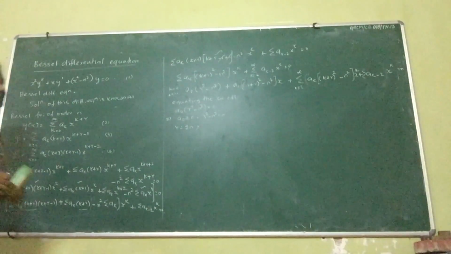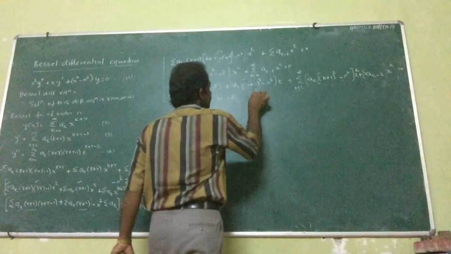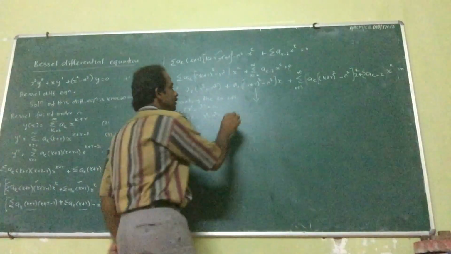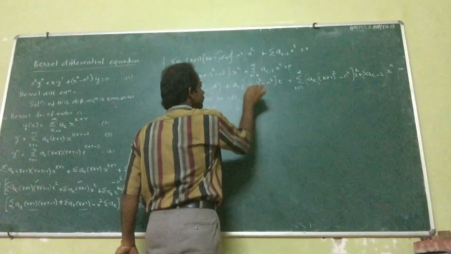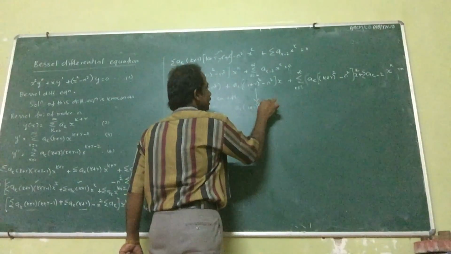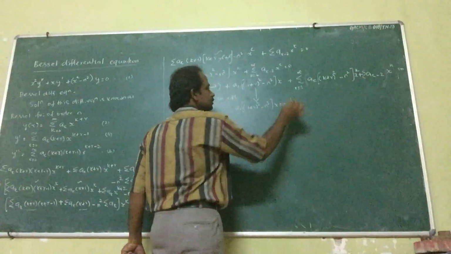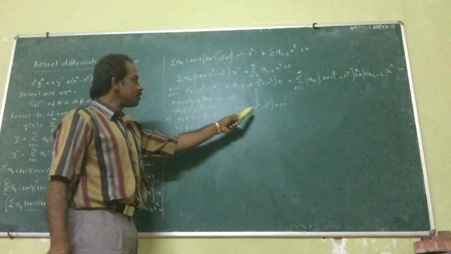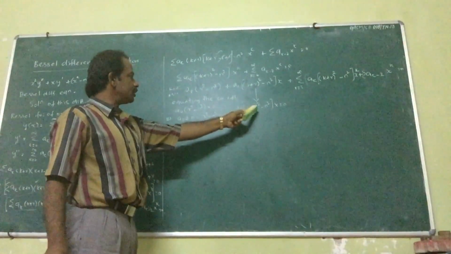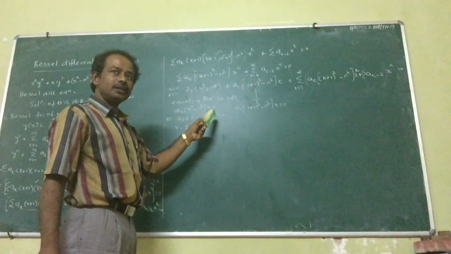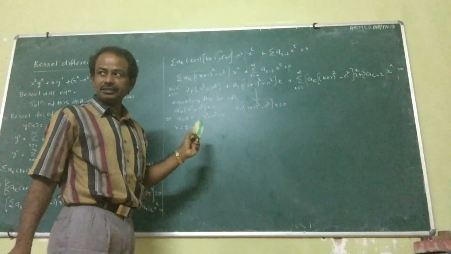Okay, the second term: look at the second coefficient, k equal to 1. So you have a1 [(1 plus r) whole square minus n square] equal to 0. We already know that r square equal to n square, so r equal to plus or minus n.